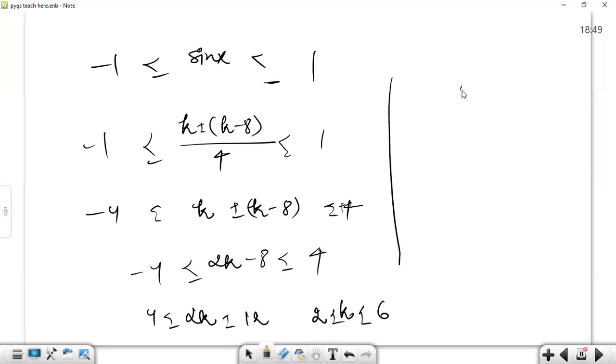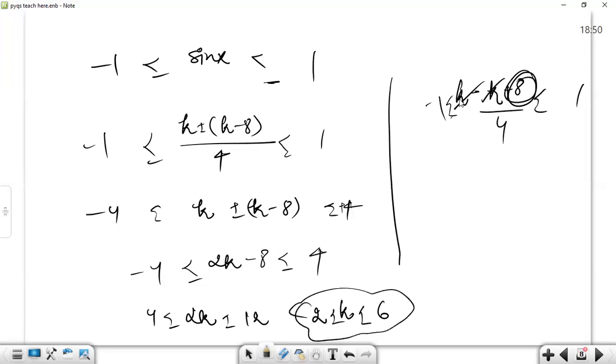For the other, if it is negative, k minus 8 greater than or equal to minus 4, so k plus 4 cancels and there is no meaning in solving this further. So this is our range for k.